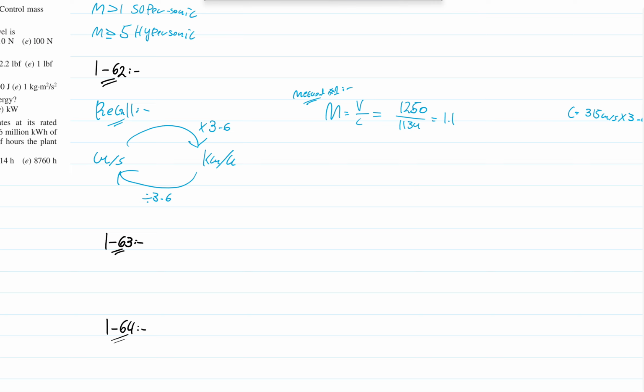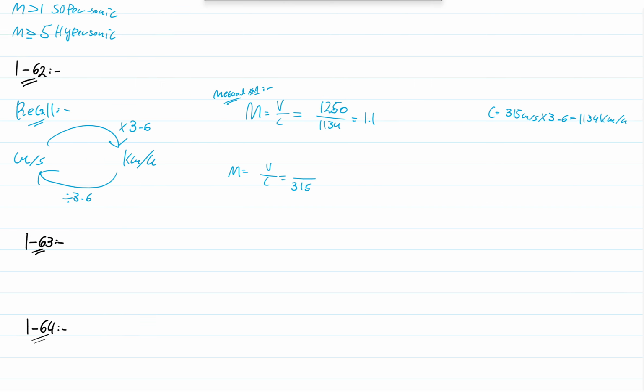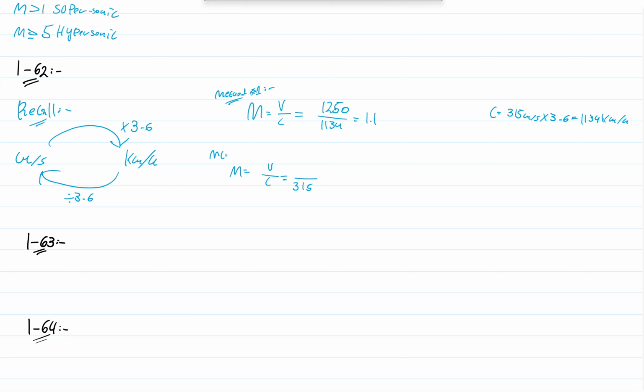So let's just say you want to do the other. The Mach number, M, is equal to how much? M is equal to v over c. So c could be 315. We could do the other method. So the other method could be, give me a second.